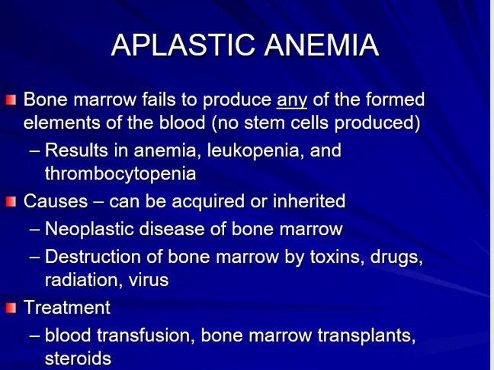And then last, you're like, we already talked about anemia in red blood cell diseases. I put this one at the end because essentially you don't have red blood cells, you don't have white blood cells, and you don't have platelets. The bone marrow fails to produce any of the formed elements of the blood.